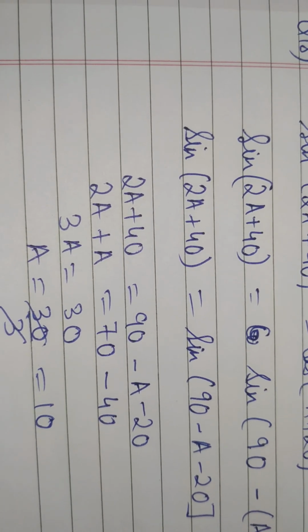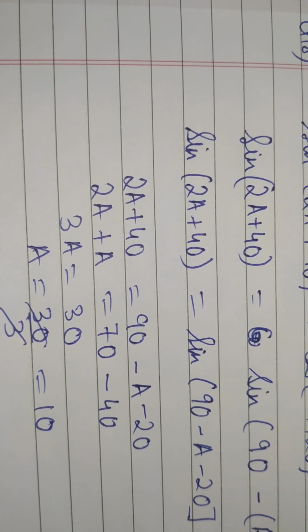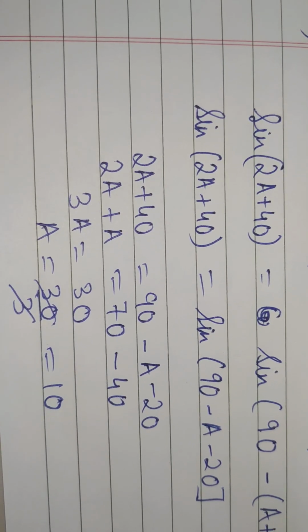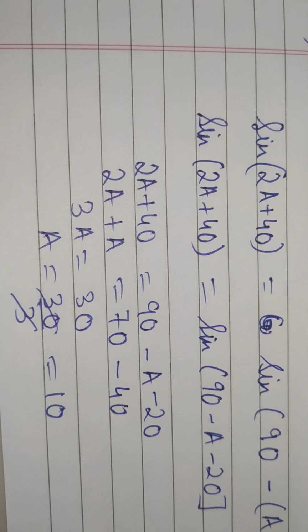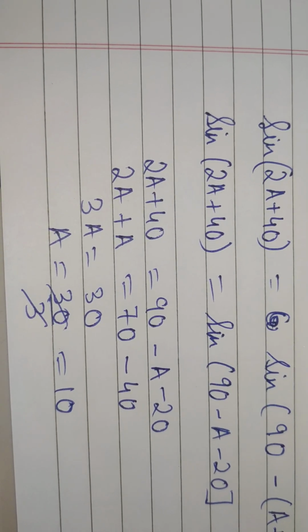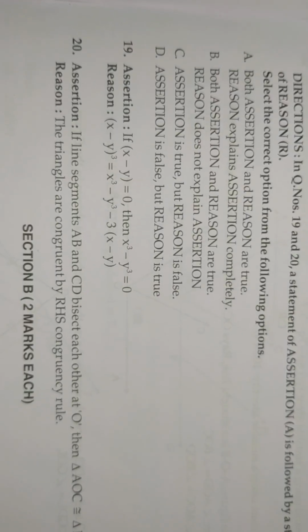And minus a on the other side will be plus. So 2a plus a is equal to 70 minus 40. 2a plus a will be 3a, equal to 30. So the final answer of a will be 10.